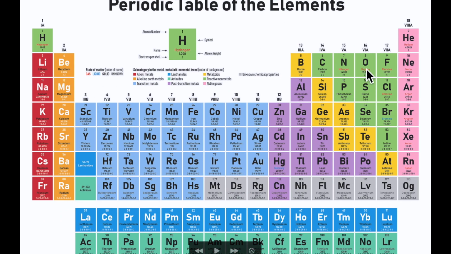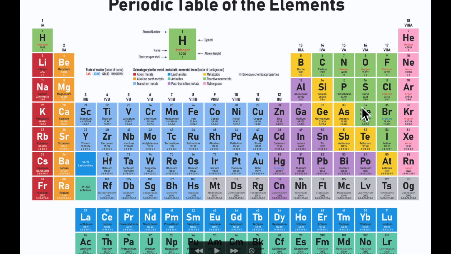Now consider the elements of the 16th group: oxygen, sulfur, selenium, tellurium, polonium. In the electronic configuration, the last shell of oxygen is the second shell, here the third shell, here the fourth, fifth, sixth shell.